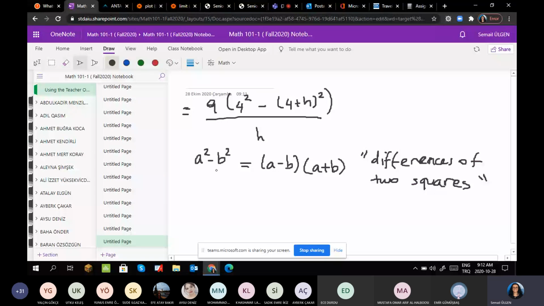Okay, we know how to expand it. This is how you would expand it. Then let's continue here. It's just a note. Okay, let me put it in red like this.